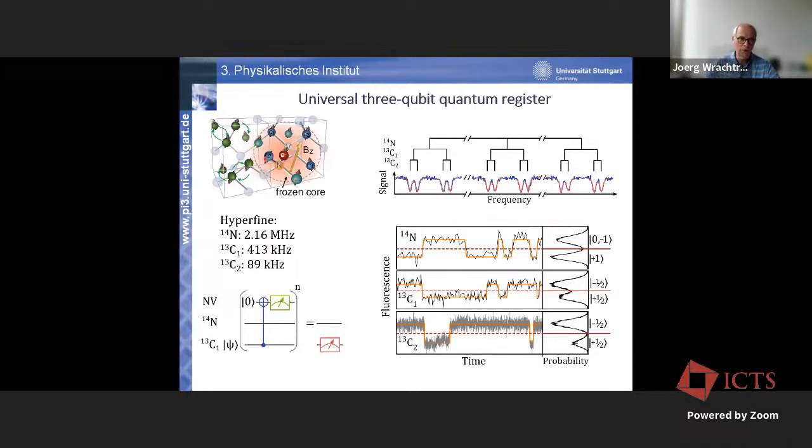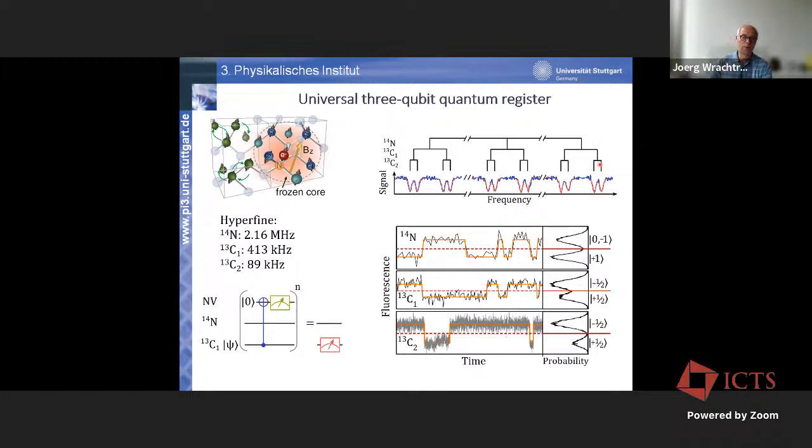So here I'm showing you a specific example where the electron spin is coupled to 3 nuclear spins: the nitrogen nuclear spin of the NV center and 2 carbon nuclear spins. And overall, your quantum system is already gaining some complexity, with in total 12 spectral components, right?